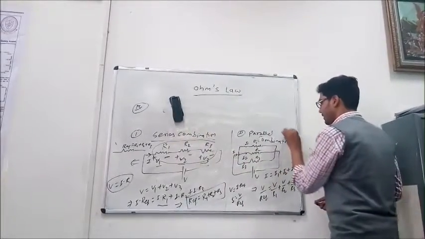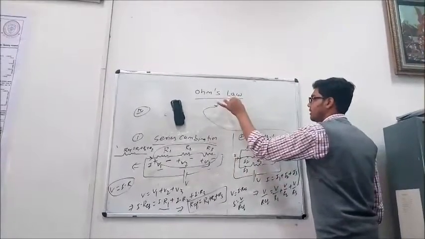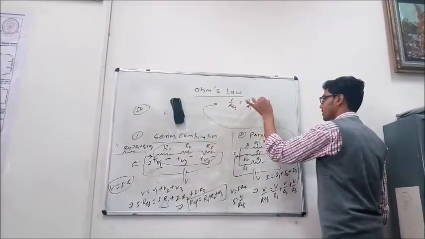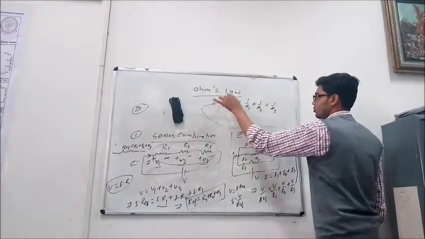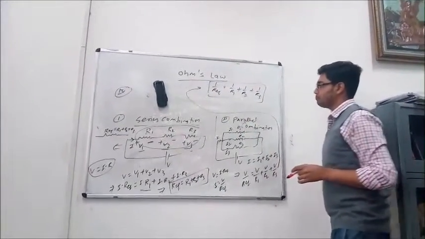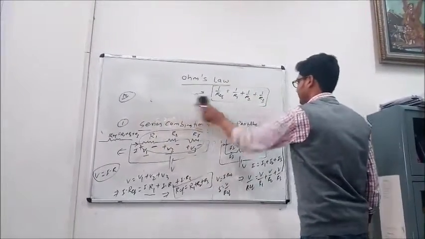So we will be able to write 1 by R equivalent equals 1 by R1 plus 1 by R2 plus 1 by R3. From that we will be able to calculate it, and one example we will take and try to explain it.